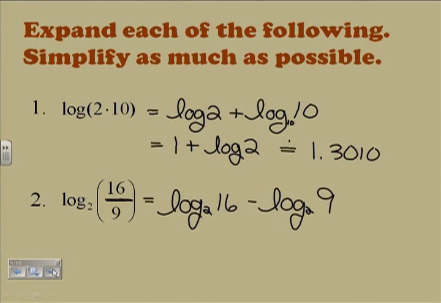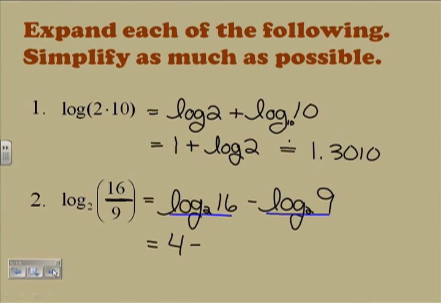Now we did apply the property: if you have division, it becomes subtraction of the exponents. Then you take just a second and say, well, can I simplify either one of these? 2 raised to what power gives me 16? I can do that guy. That would be a 4.